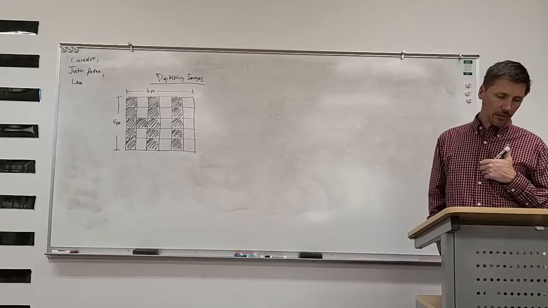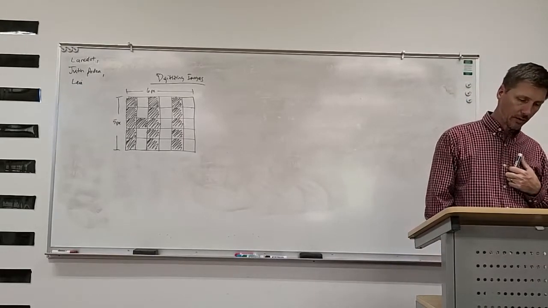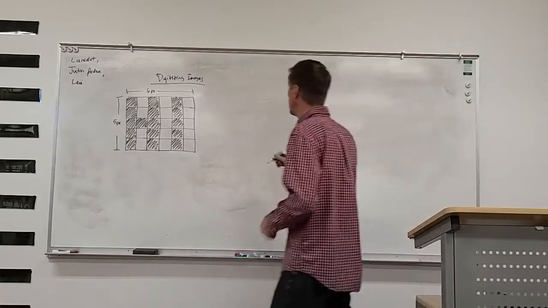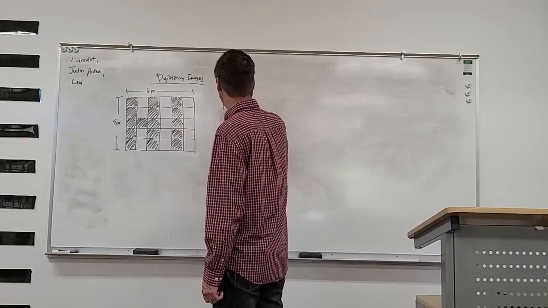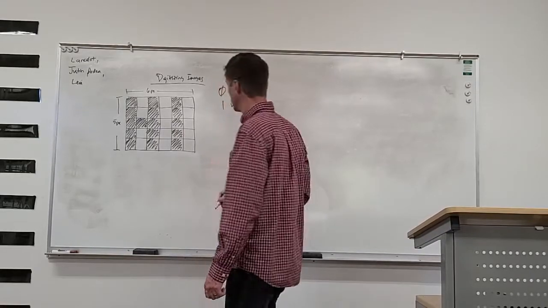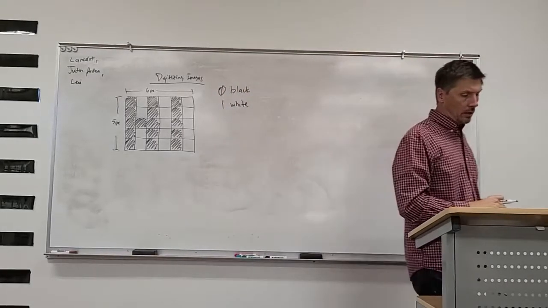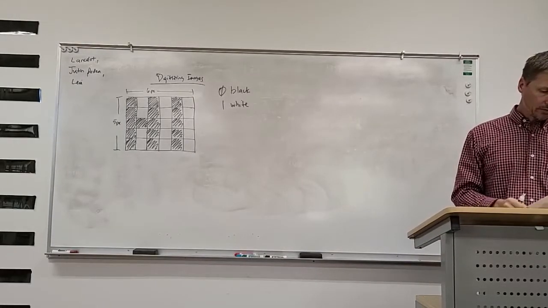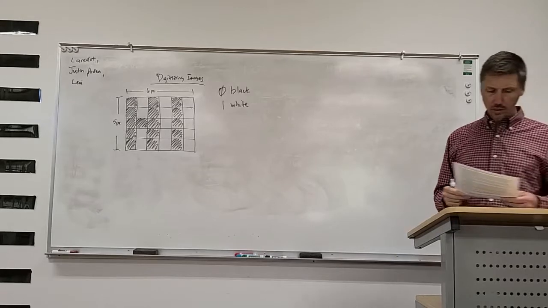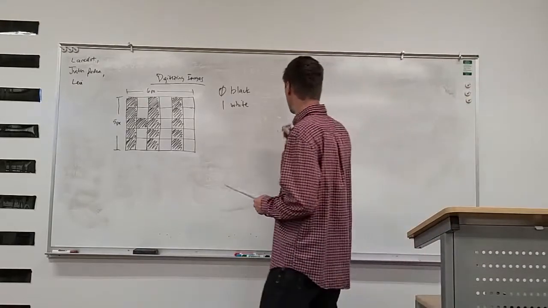And so if we think about this particular image here, if we let 0 represent black and 1 represent white, then in order to represent this image as a binary string, we could first use 8 bits to represent the width.